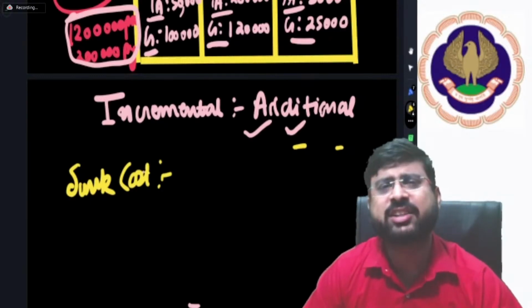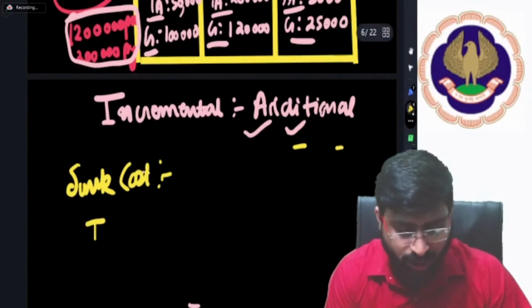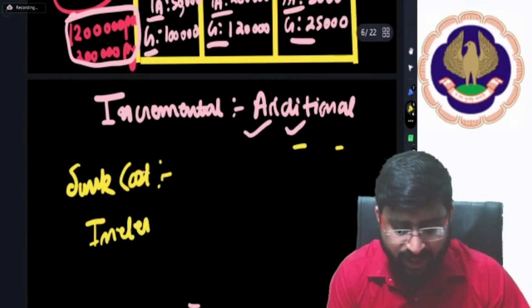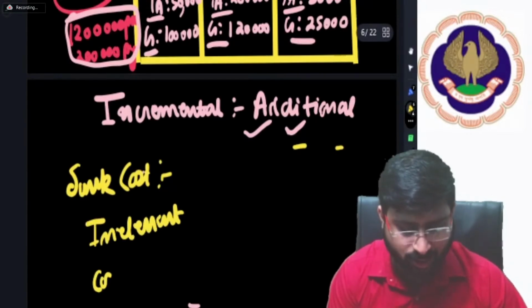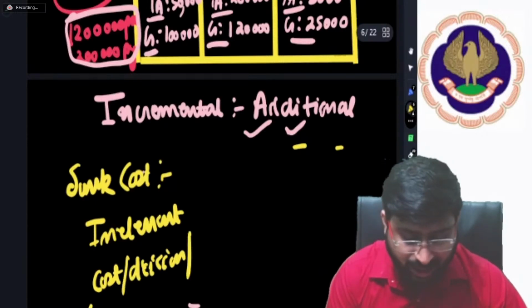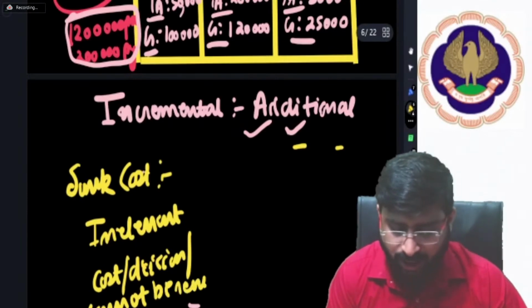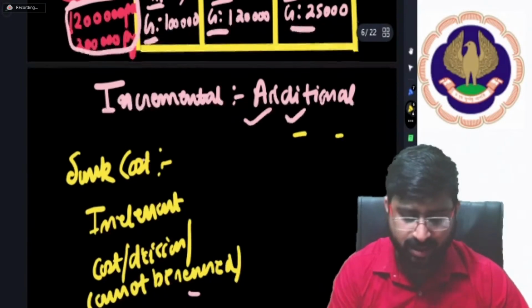Yes, any extra expenditure is incremental cost. Now, what is sunk cost? Sunk cost, my dear friends, is irrelevant cost, irrelevant to decision making, cannot be recovered, cannot be reversed or recovered.